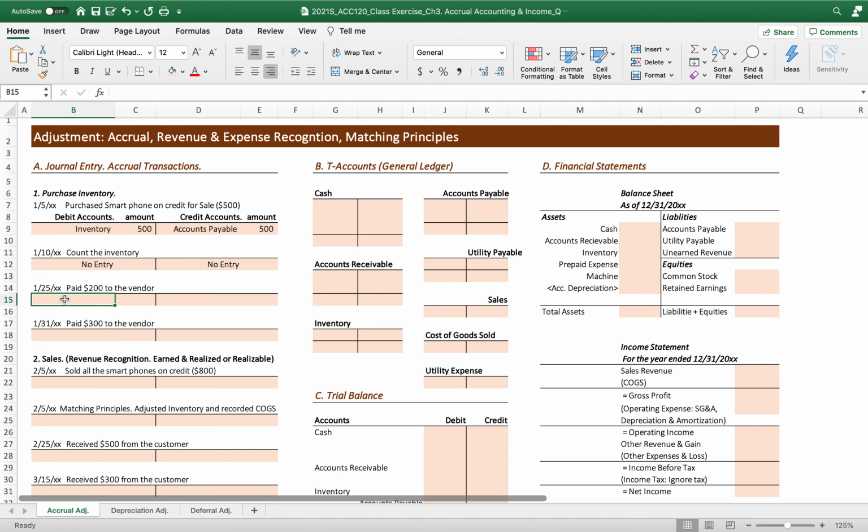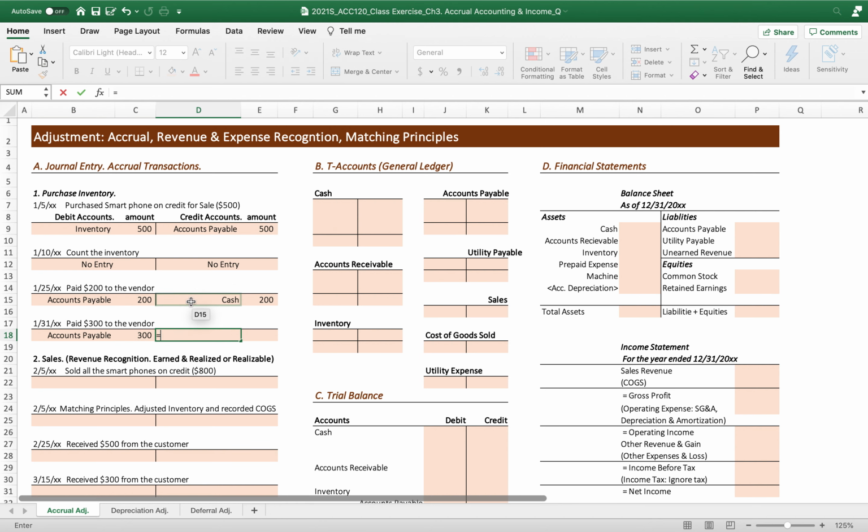Now they paid $200 to the vendor. So accounts payable 500 should be reduced by the amount the company paid. So the cash is also down. And then 6 days later, January 31st, the company also paid the rest of the amount, $300.